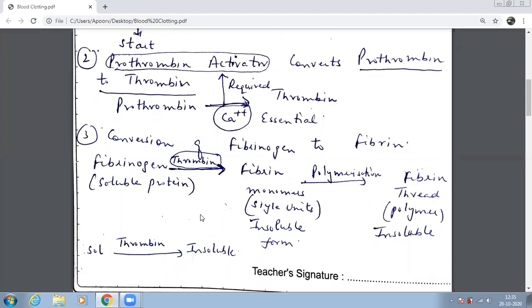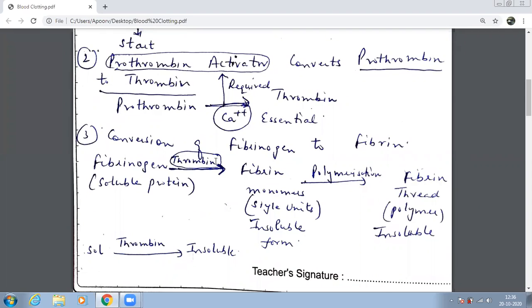Beta, the product of the first reaction was used in the second reaction, and the product of the second reaction will be used in the third reaction. What was the product of the second reaction? Thrombin. Yes, thrombin. So beta, like we needed this prothrombin activator to convert prothrombin to thrombin, similarly this fibrinogen to fibrin will be converted in the presence of this product, that is your thrombin.